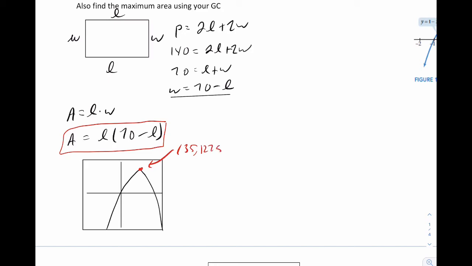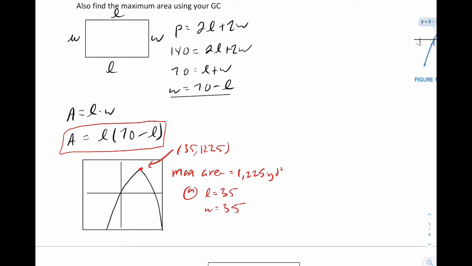Now we interpret it. That would mean the max area is 1,225 yards squared, and that happens when the length is 35 and the width is 35.